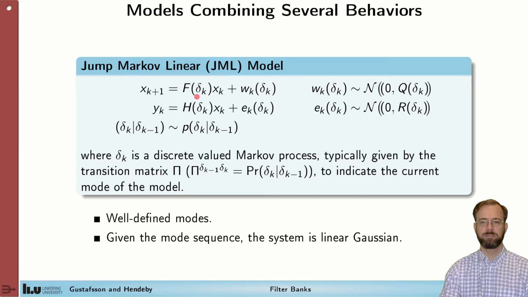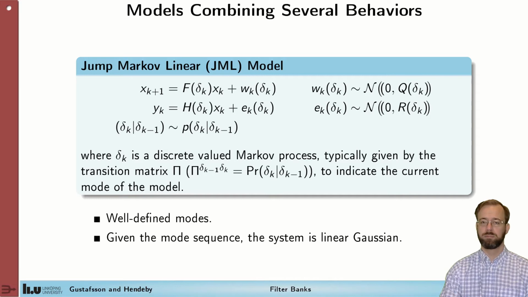We have linear. That means that once we have decided this mode, we have linear motions. So given delta, we have a linear model, as we know since before. And Markov comes from the fact that delta behaves as a Markov process, a discrete one. That means that given the current state, we can predict the probabilities of getting the different states in the next time step.